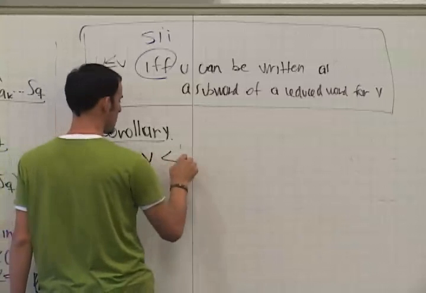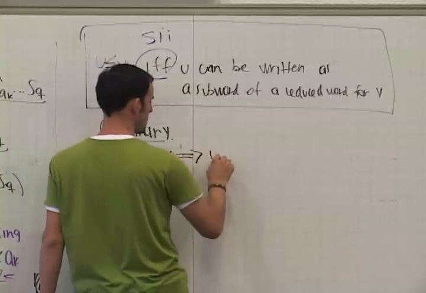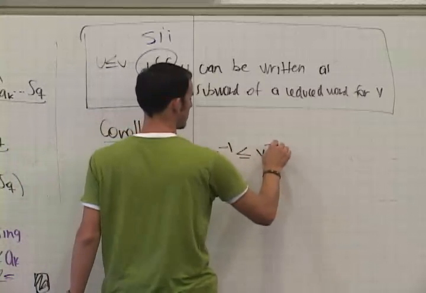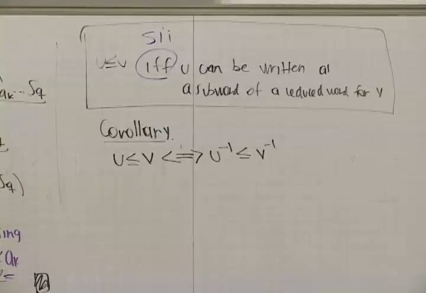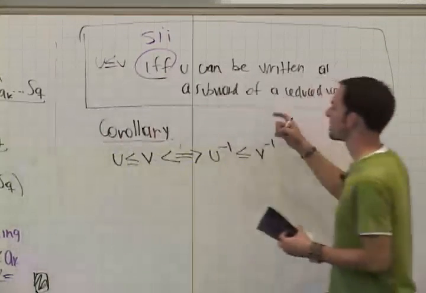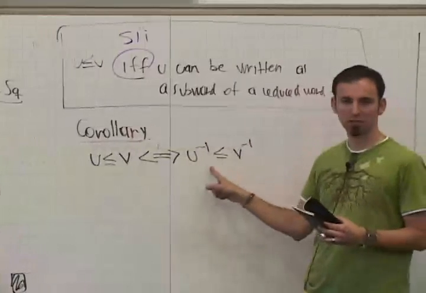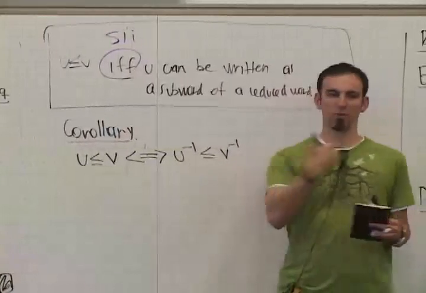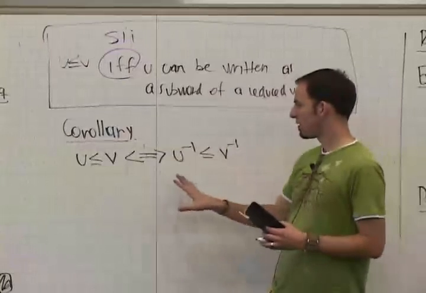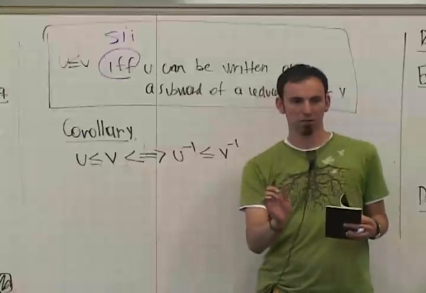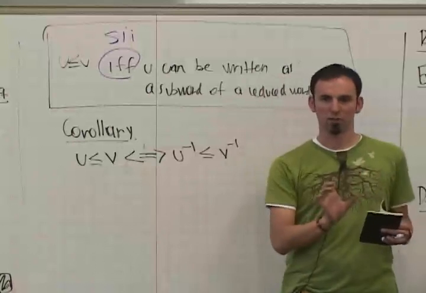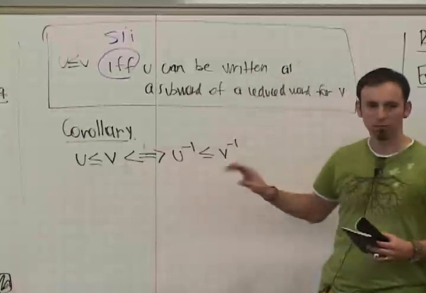U is less than or equal to V if and only if U inverse is less than or equal to V inverse. Why is that? That might have seemed hard before, but now we get it for free because we know that the word for U inverse is just the reversal of the word for U. So if V is a subword of U, then the reverse of V is a subword of the reverse of U. So you get this for free.